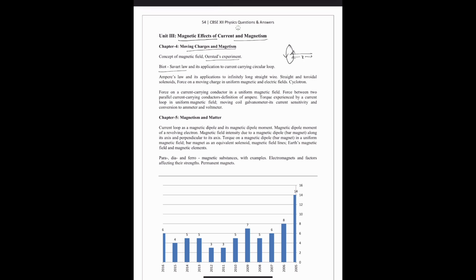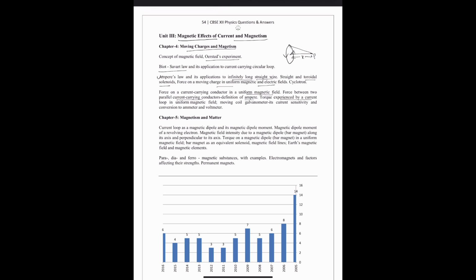Because of this current, what will be the magnetic field at this point at a distance x from its center. Then we'll discuss Ampere's law, the magnetic field due to an infinitely long charged wire. Then solenoids, then force on a moving charge in a uniform magnetic field.